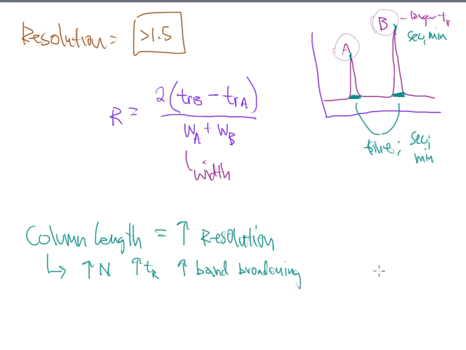This was something that we wanted to not have anything to do with, because band broadening takes your peak that should kind of look like that and makes it into something that looks like this. And I don't want this to happen on my chromatogram, right? I want my peaks to come off and basically go back down to baseline in a very brief, short amount of time.